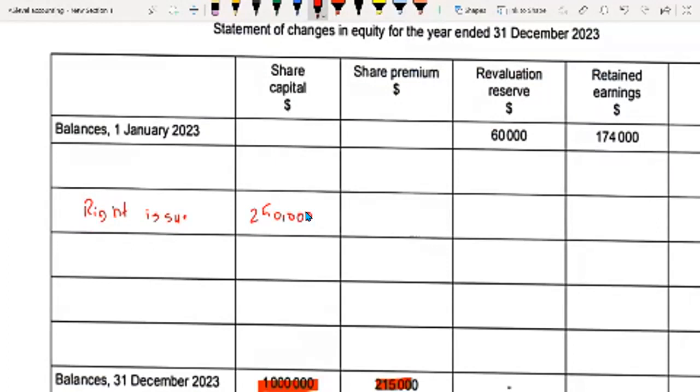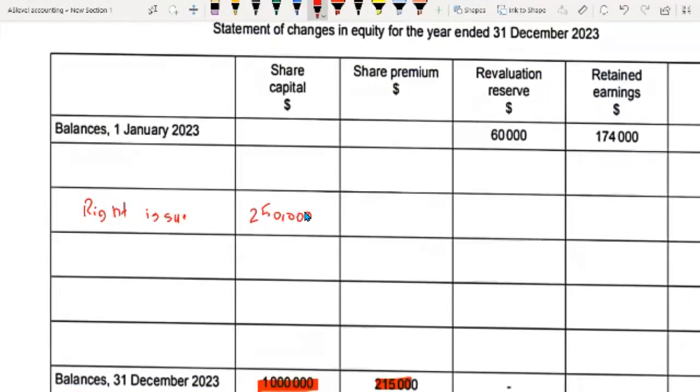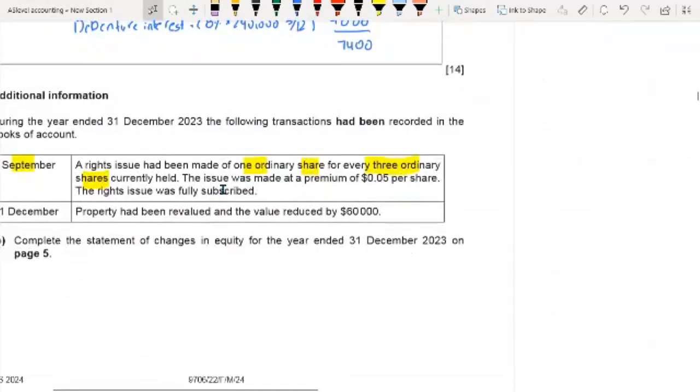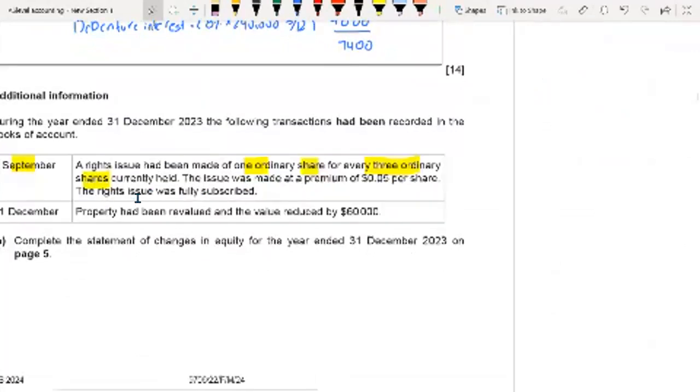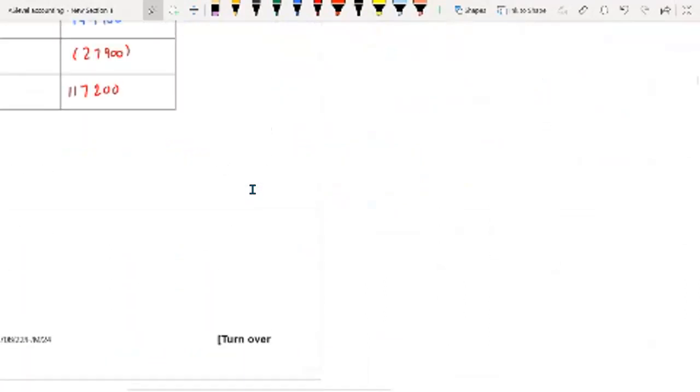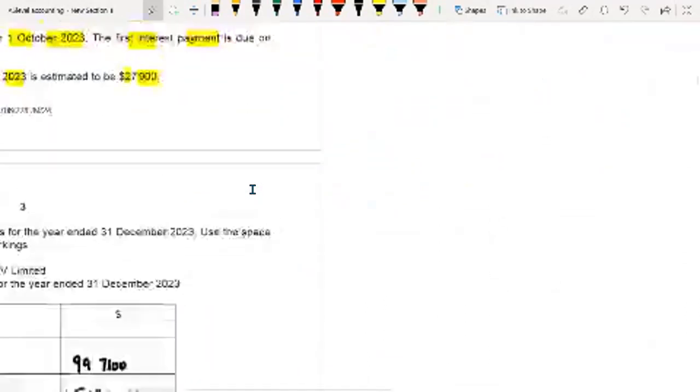Whenever you are selling your right issue, your share capital is increasing, but with that your share premium is also increasing. The issue was made at a premium of 0.05 per share, as you can see in the question. The right issue was fully subscribed. So now we have to find out what would be the share premium when we issue shares.